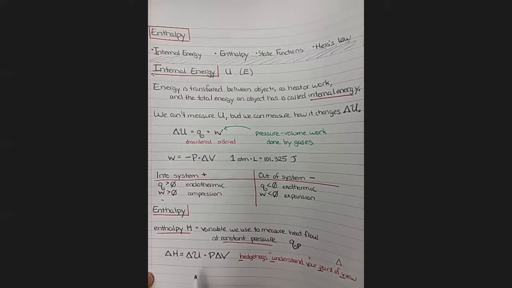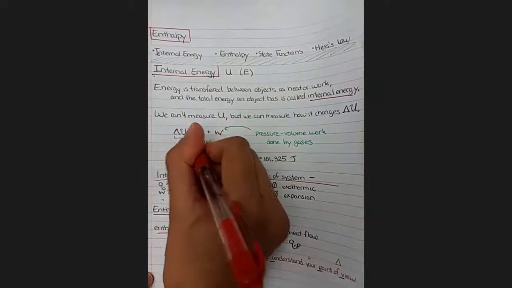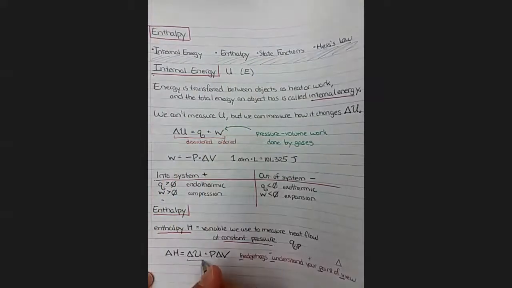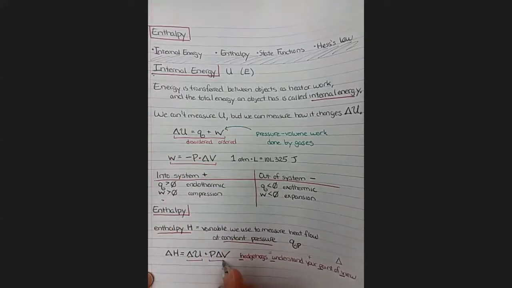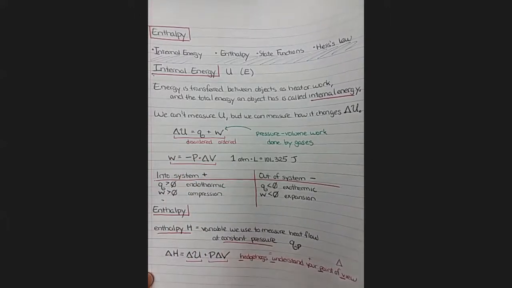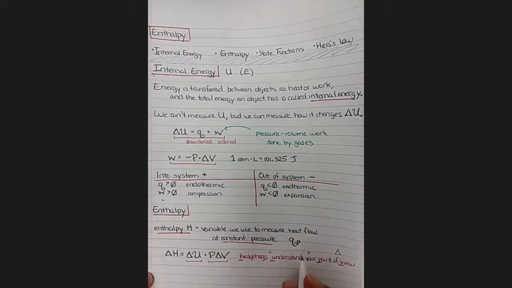And so let's see if we can do some substitutions based on the formulas that we know for delta U already and for the formula that we know for W, because W is related to P delta V, and we can simplify this formula to show that enthalpy change is equal to change in heat at constant pressure.